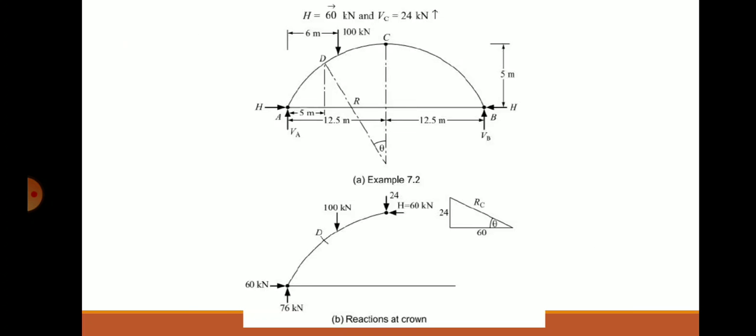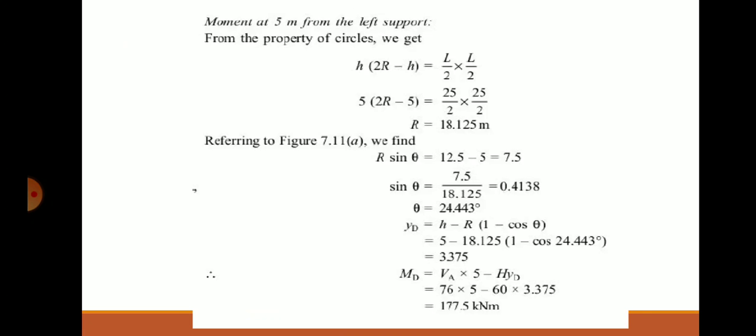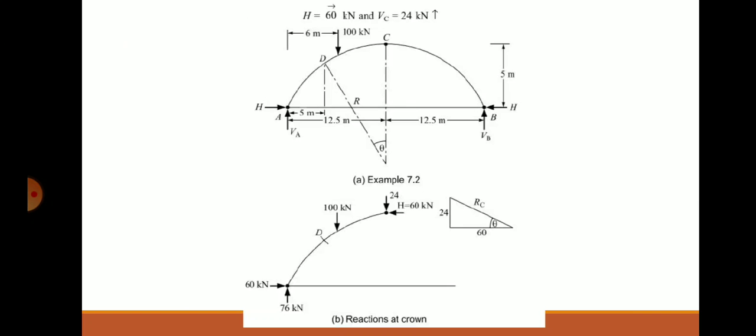See the figure here, H is 5 meter, the vertical distance is 5 meter, and you have to find R. Next, theta you have to calculate.